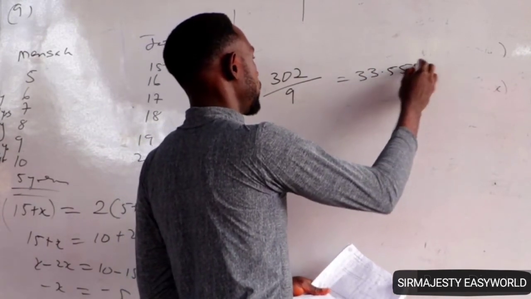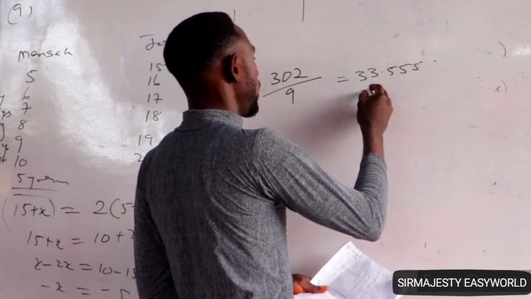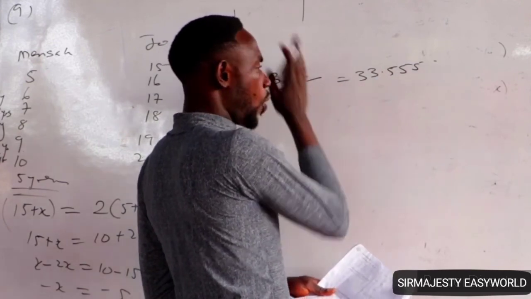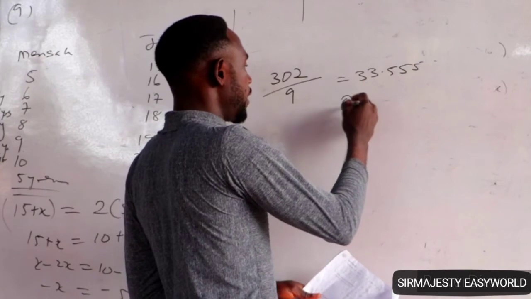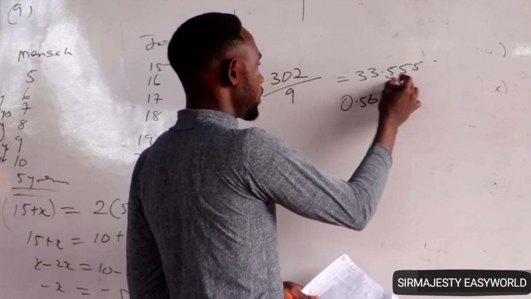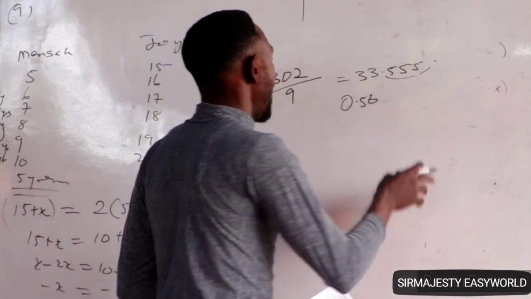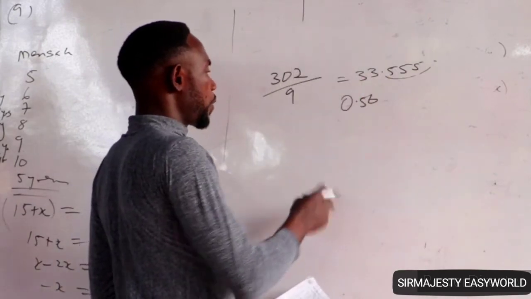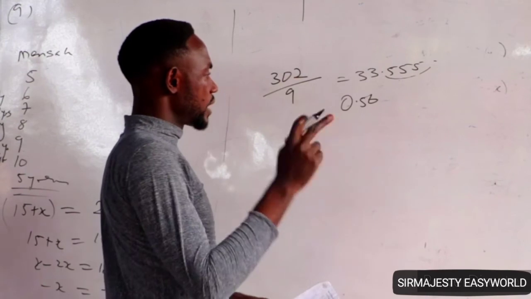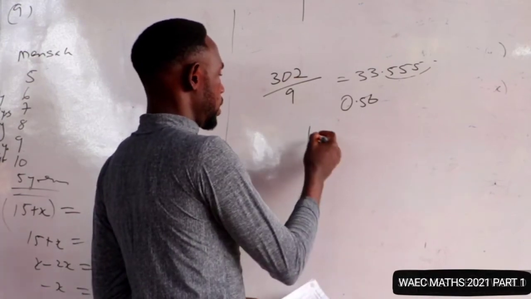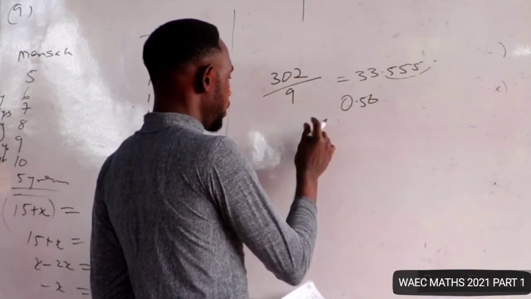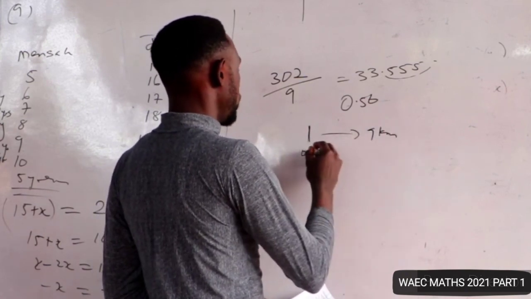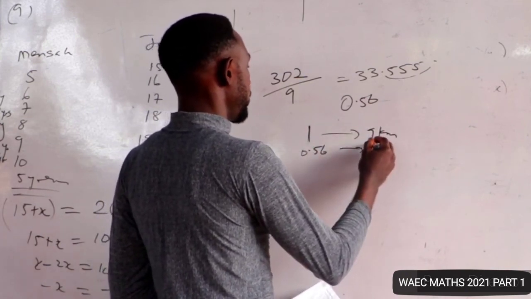33.55555 to infinity. So approximately we have just that. So we have 33 complete cycles completed. Then left is 0.56. It's not yet up to 1. And then remember that one complete cycle is equivalent to 9 kilometers. So it's a simple thing. You say if one complete cycle is represented by 9 kilometers, what will 0.56 represent?